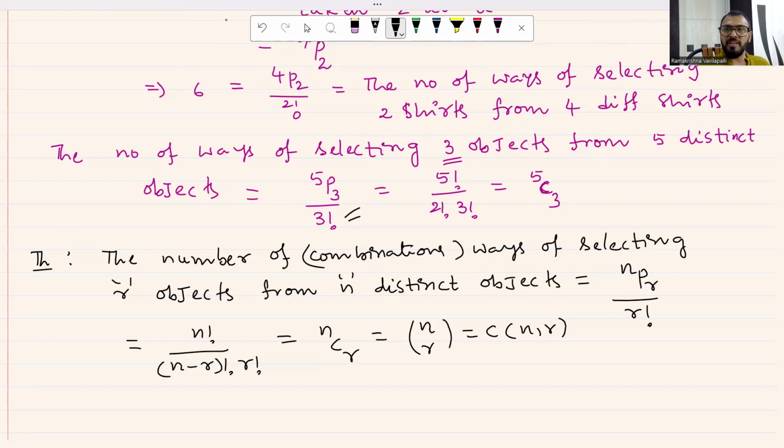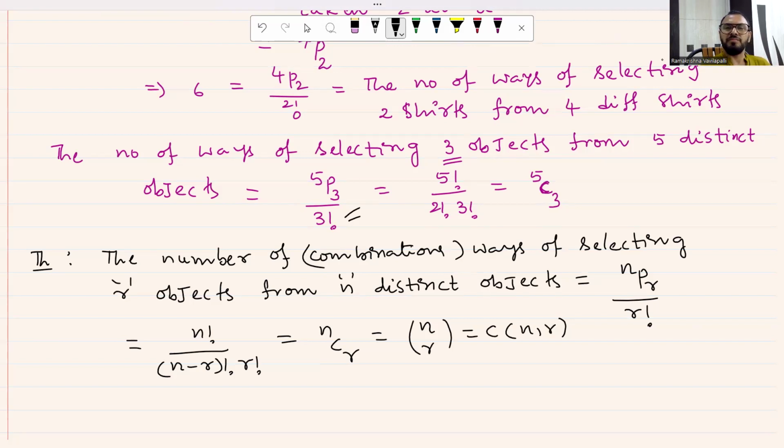So the number of ways of selecting 11 players out of 13 players is 13C11. Suppose there are 9 digits, 1 to 9. The number of ways of selecting 4 digits is 9C4. I'll explain this concept and I will apply this concept to solve some questions.